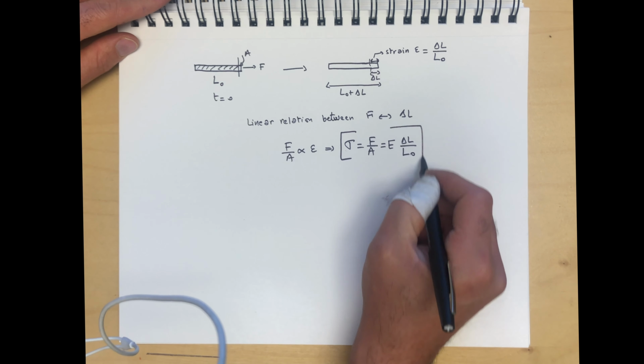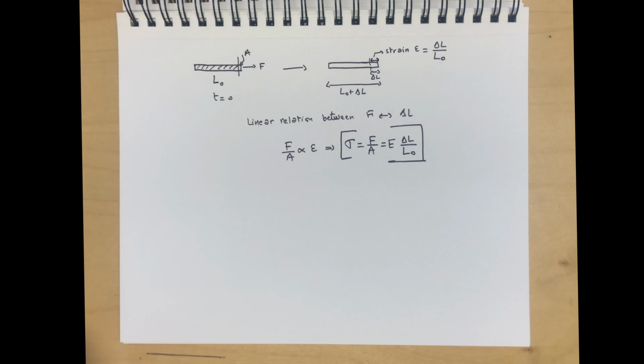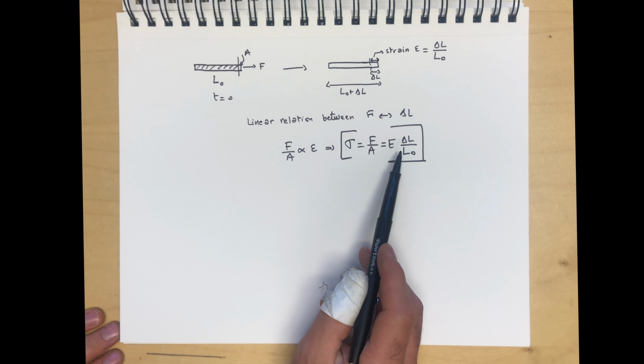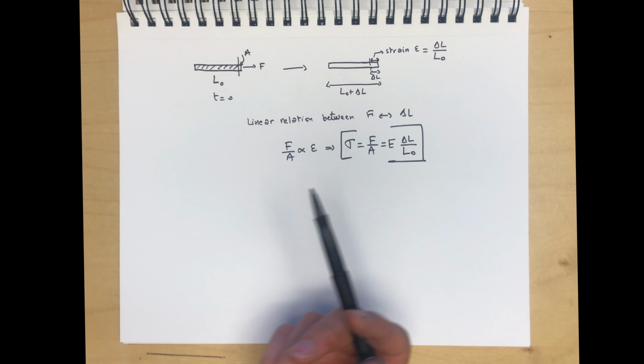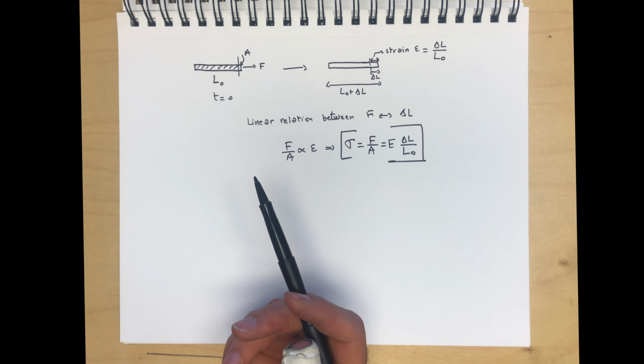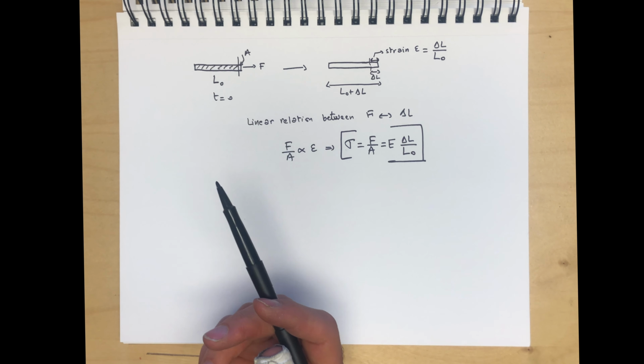That gives you your very basic relation between stress and strain from a material that behaves linearly. We call this a linear material, basic linear elasticity theory.